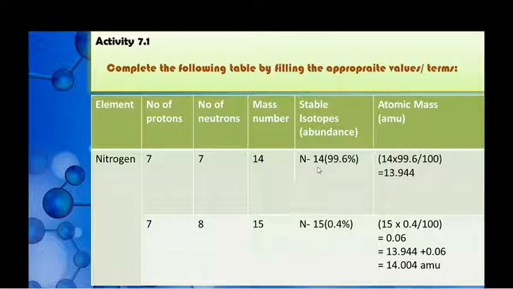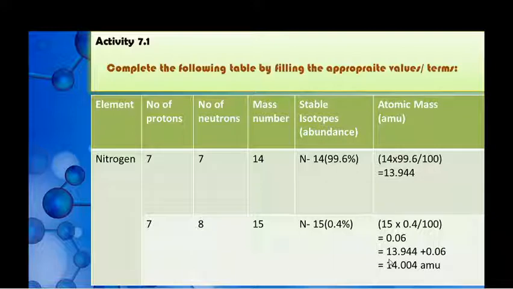The relative abundance of the N15 isotope is 0.4. The formula is mass number into relative abundance of that particular isotope. So the mass number is 15, multiplied by 0.4 divided by 100. So we got 0.06.